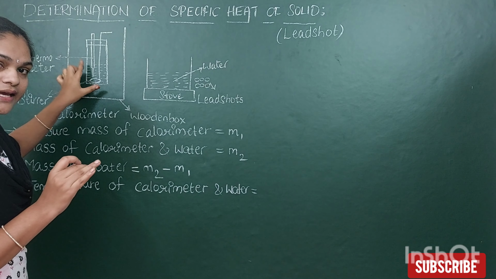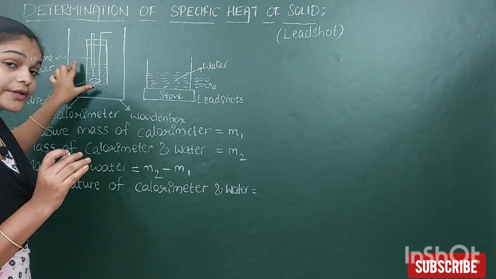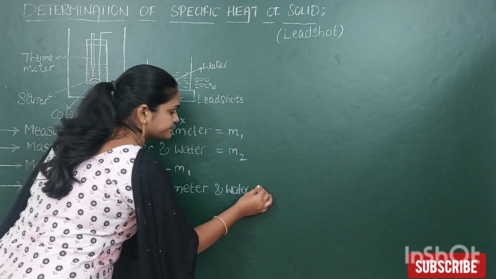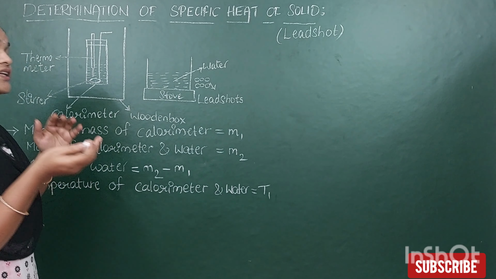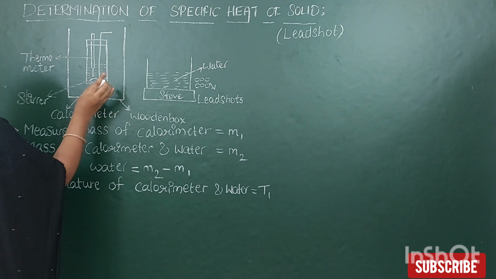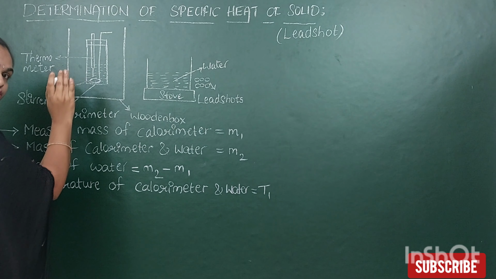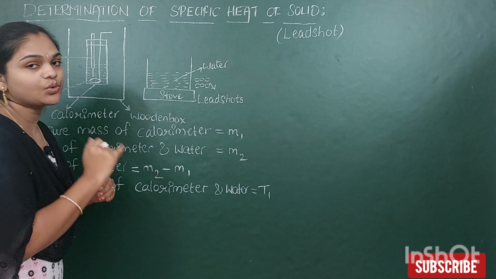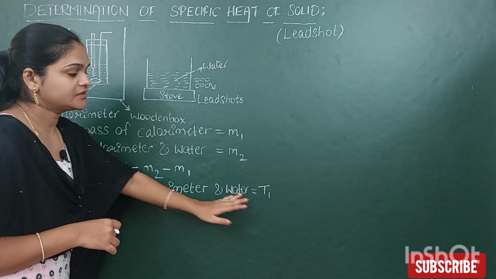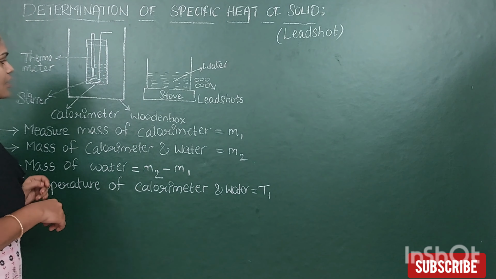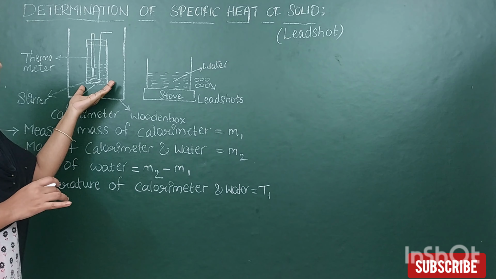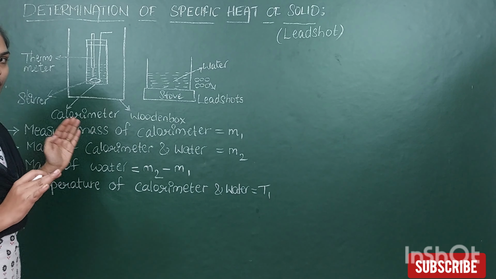So when you take that water in a calorimeter at room temperature, it is going to have a temperature of T1. At the initial state, the water is at room temperature and the calorimeter is also at room temperature. They both have equal temperature. So that temperature we consider as T1. Up to here, what did we do? We just took a calorimeter and poured water in it, that's it.